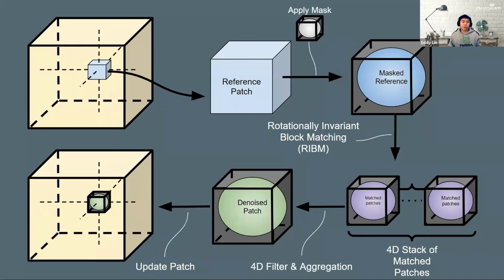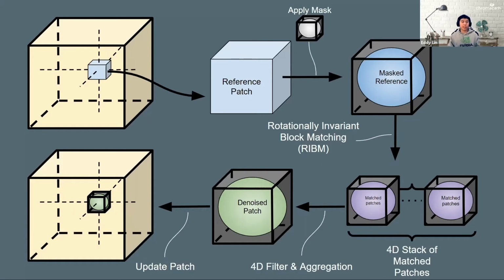So here's what the overall process looks like. On the top left we have our 3D volume, and within that we have the smaller reference patches, just like in BM4D. Then we apply a mask, so we basically consider the sphere within that cube. Then we want to know whether there are any other patches throughout the entire 3D volume that look similar to it, even after rotation.